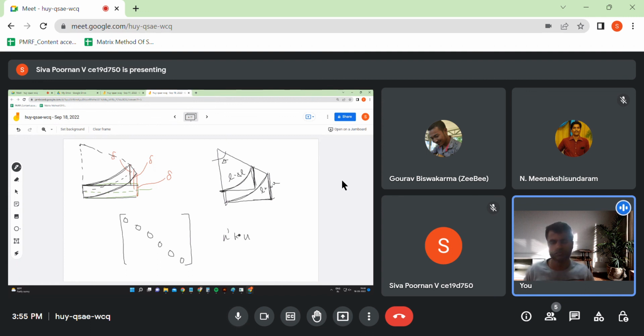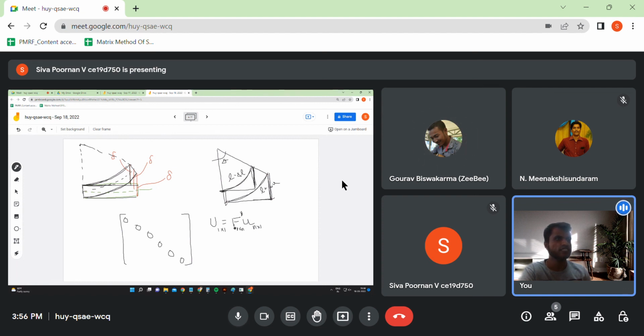Basically we know energy is nothing but F times u, strain energy. F times u is just the scalar form; F transpose u should be the right thing, because F and u will be of the same order. So F transpose is 1 cross n and u is n cross 1, so the resultant will be just 1 cross 1.